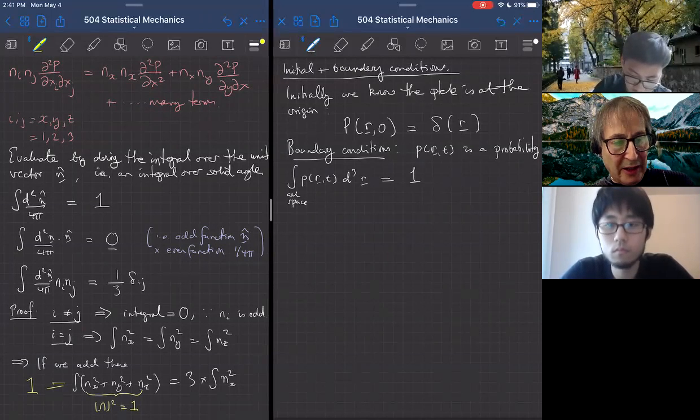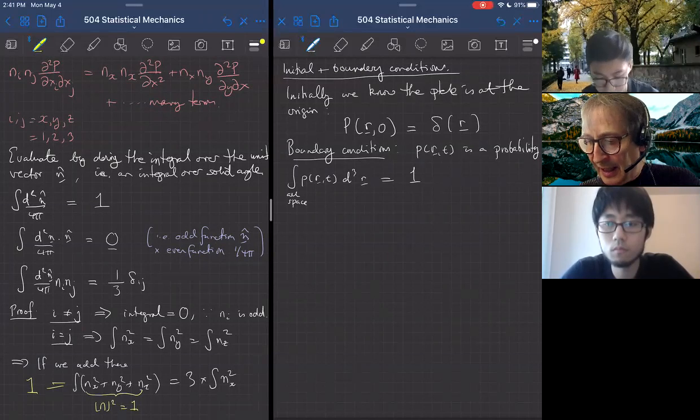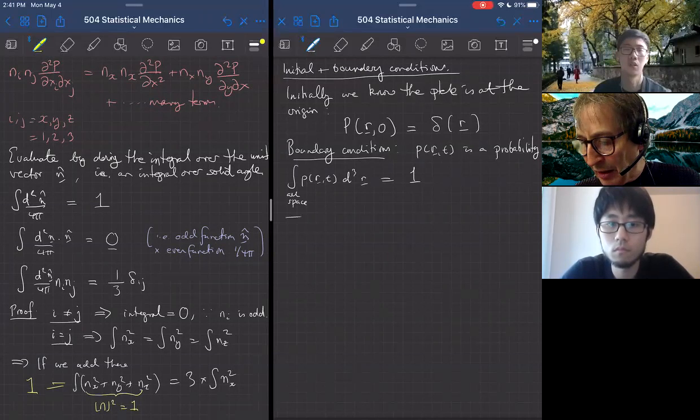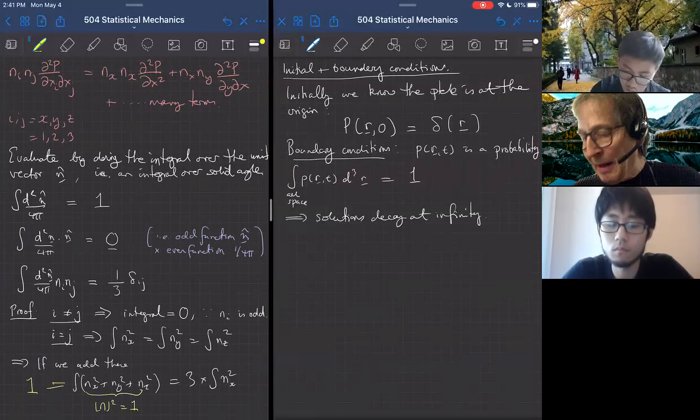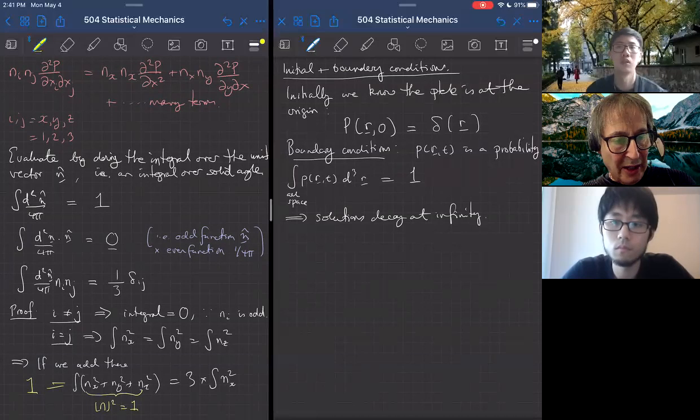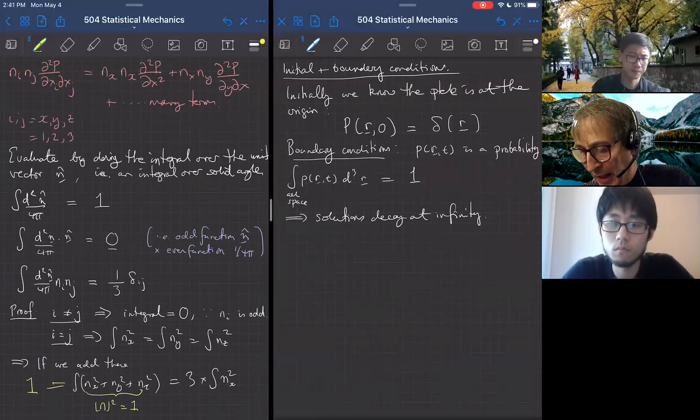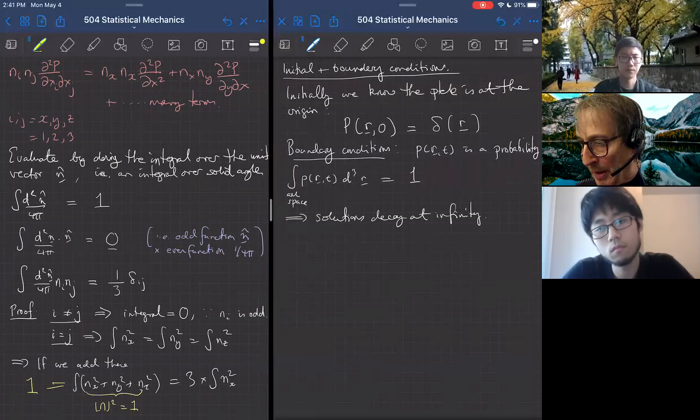So that is the boundary condition, and this will rule out solutions that exponentially grow at infinity. So this basically requires that the solutions decay. But how they do that is not quite as obvious as you may think, and so I want to go through this in some amount of detail.